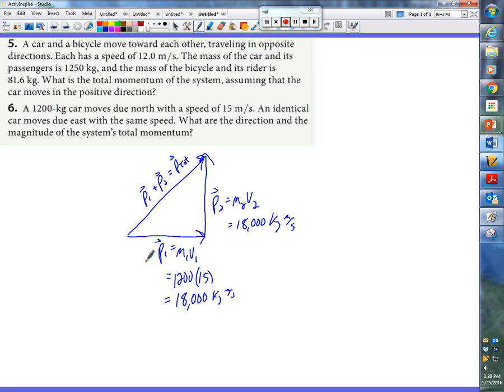So, this leg's 18,000, this leg's 18,000. All we got to do is the right triangle, we can find the hypotenuse. So, do Pythagorean theorem, and the magnitude of P total is just going to be the square root of 18,000 squared plus 18,000 squared.